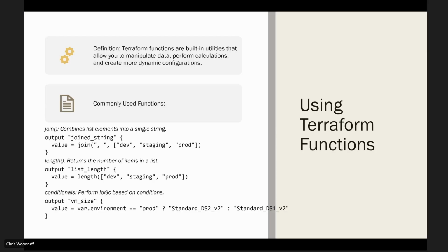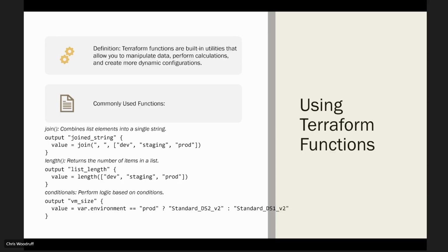Then there are some Terraform functions that you can use. You can join strings, you can get list length, you can say VM size. This is just kind of for outputs. So you can say, hey, what was the size of the VM?